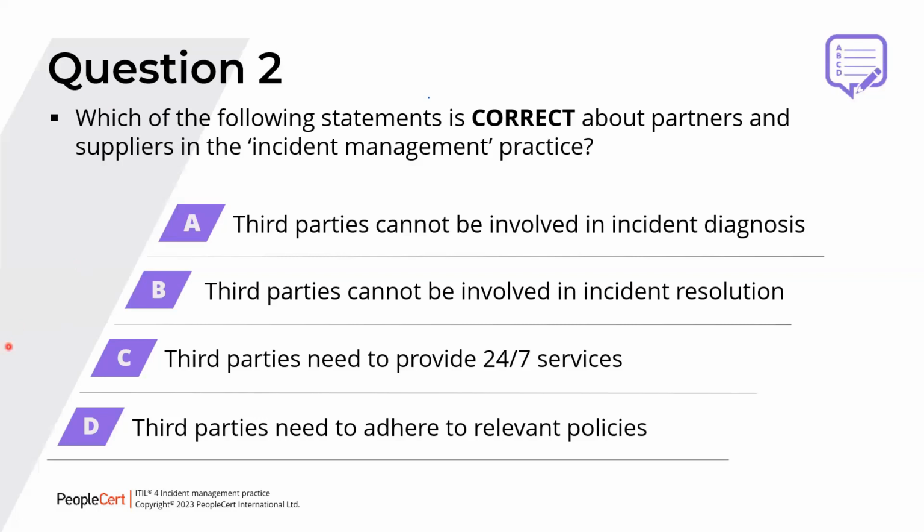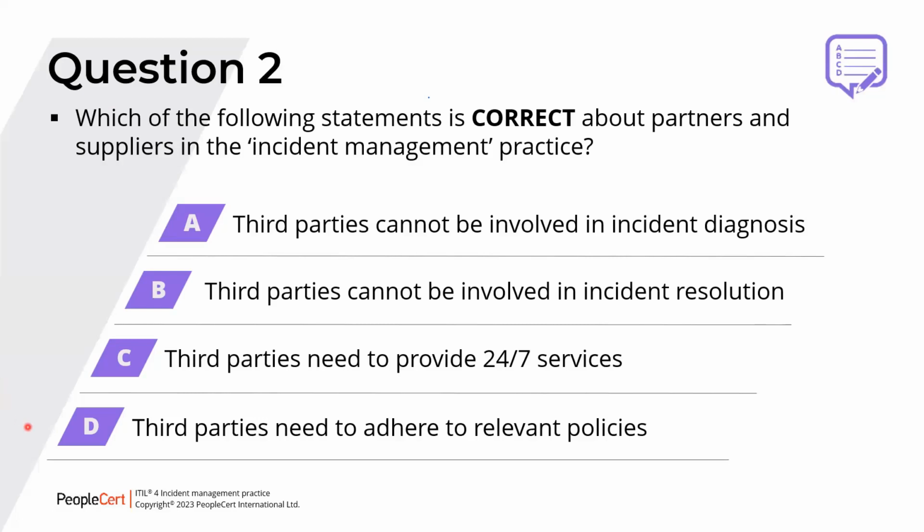Option C, the third party involvement is agreed separately and 24/7 support may or may not be needed. So therefore, it is not necessary that third parties always need to provide 24/7 services. It is important that effective integration with the workflows of the supplier is ensured.